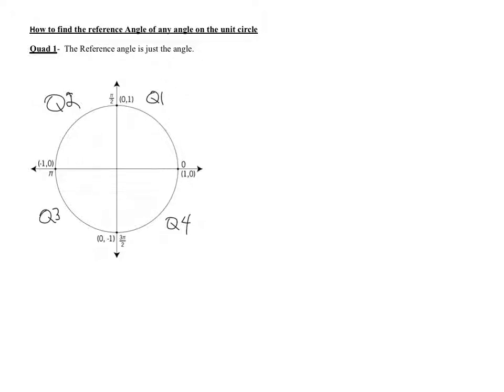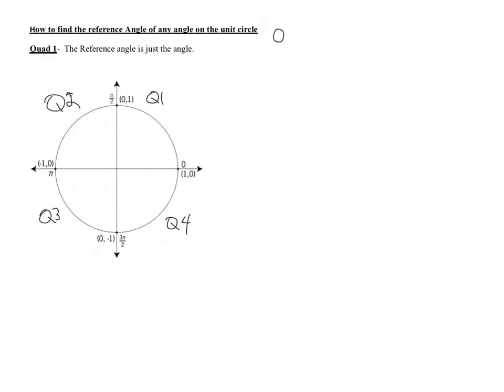And I also want to say that at the top I said how to find the reference angle of any angle in the unit circle. I do want to talk a little bit about that. When I'm looking for reference angles, I do want to keep my angles within 0 and 360 degrees, or 0 and 2 pi. So if I were to have an angle that was larger than 2 pi or 360, what I want to do is find a coterminal angle, and that coterminal angle needs to be somewhere between 0 and 2 pi.